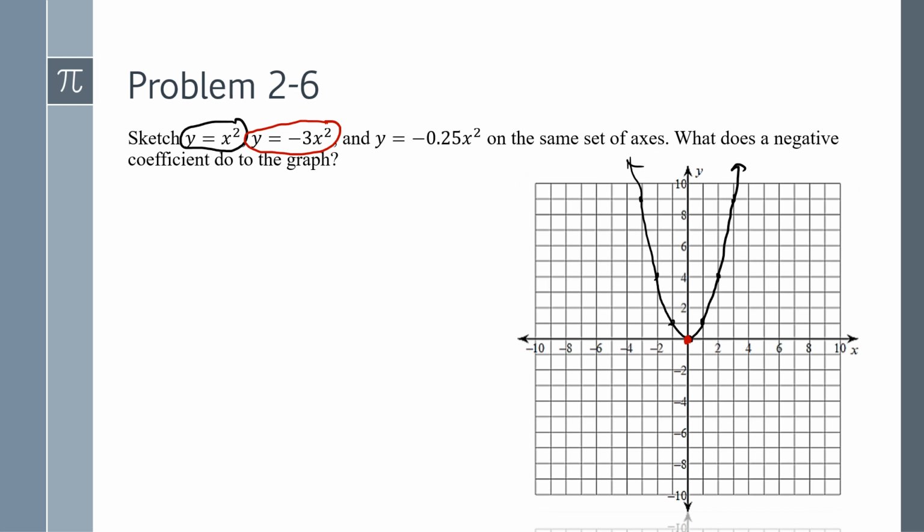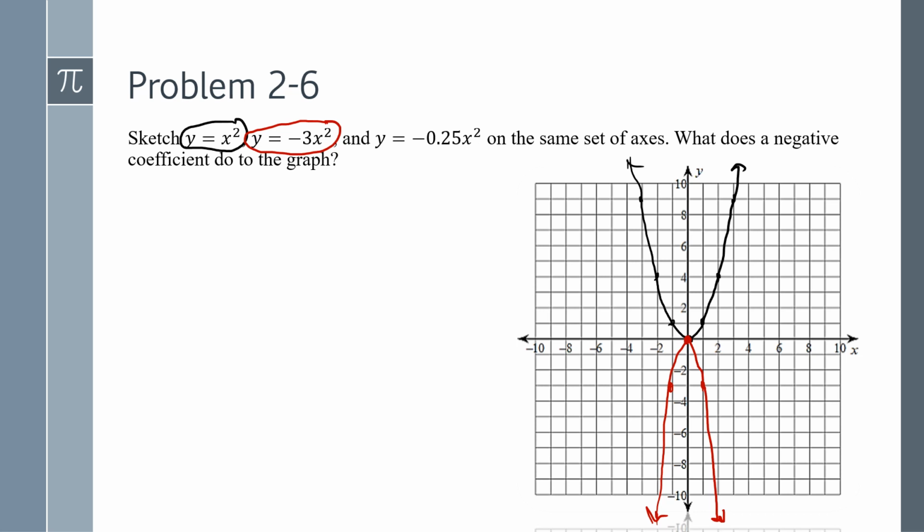And then 2: 2 squared is 4, so 4 times -3 is -12. So that's down here somewhere. Then I can reflect these points, so here and here. So this graph looks a little bit skinnier and it looks like it opens down and not up.